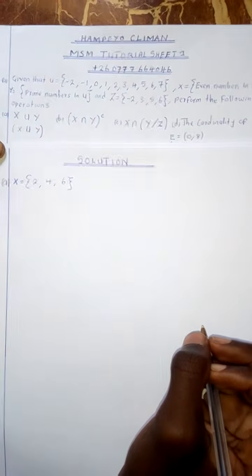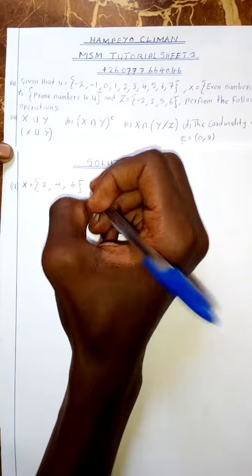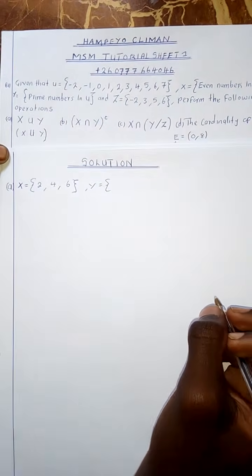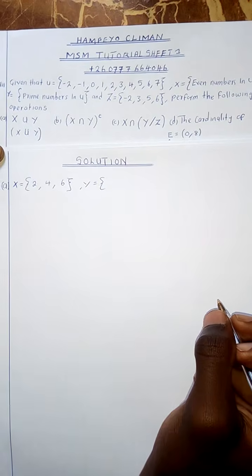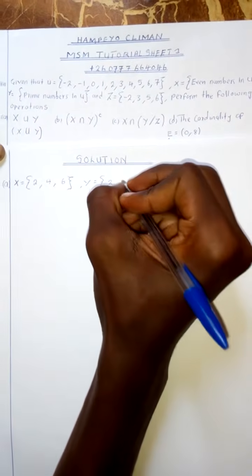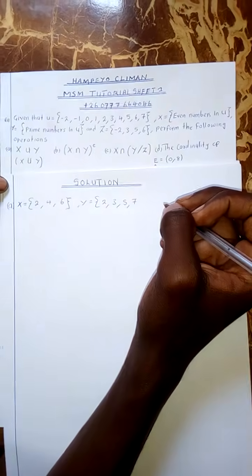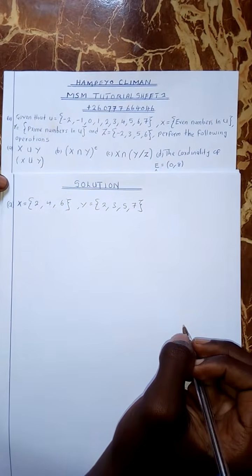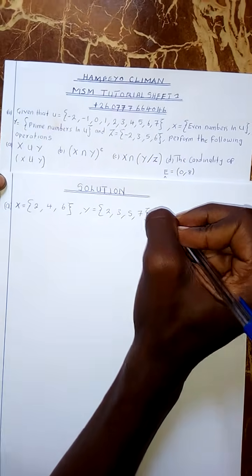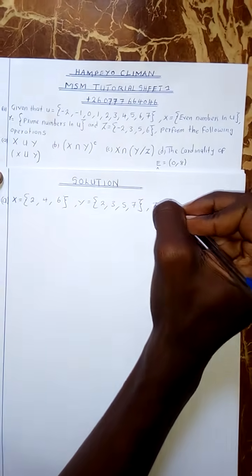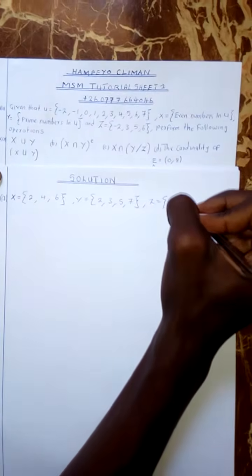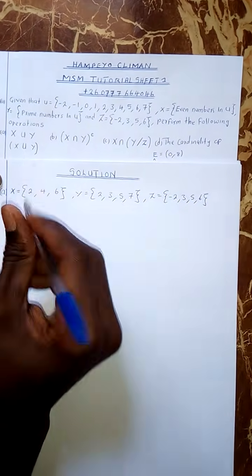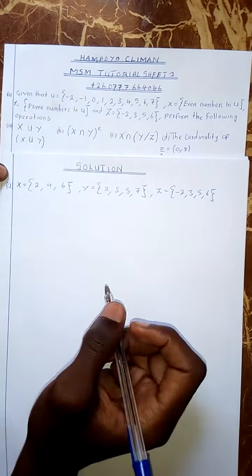So these are the even numbers in X. Then in Y, we have been told the prime numbers in U. So in U, we have prime numbers 2, 3, 5. All right, so we have this particular set. Then they are saying that Z is this set, 5, then 6. Now we perform these particular operations on the given sets.